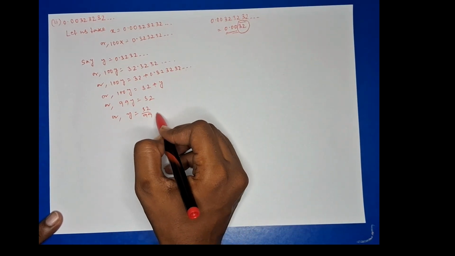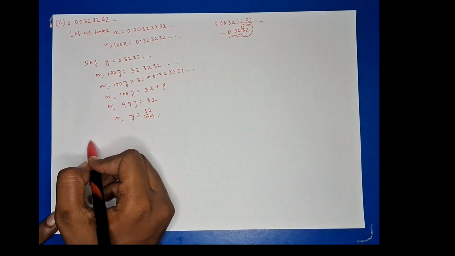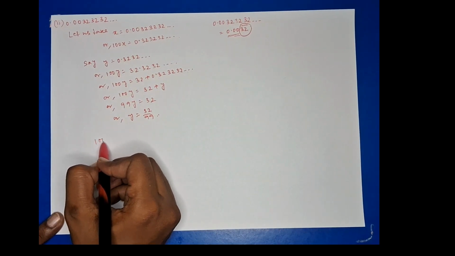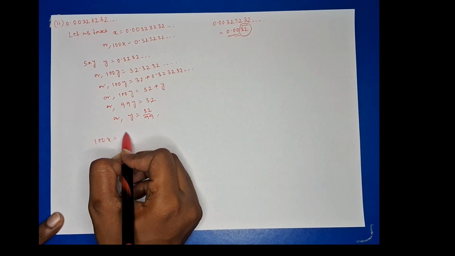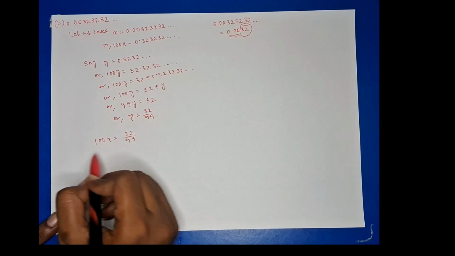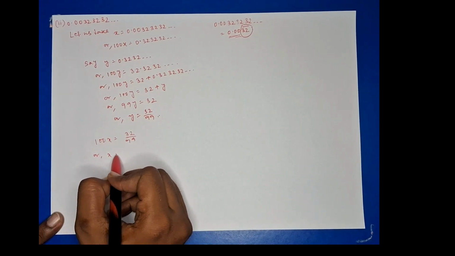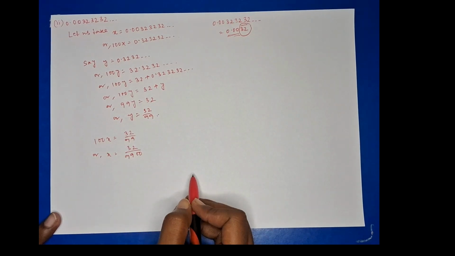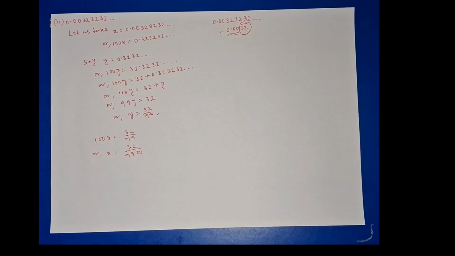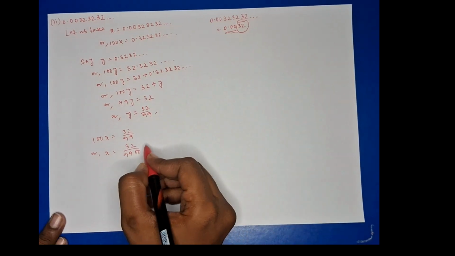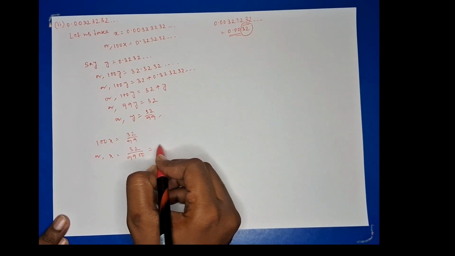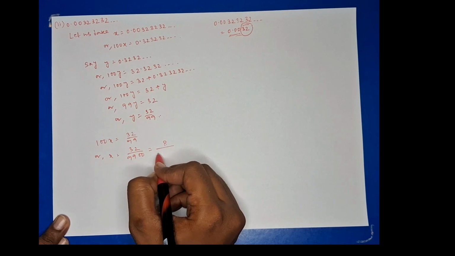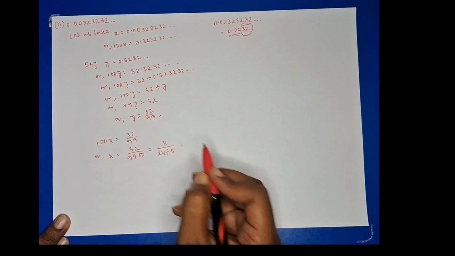So we are going to put this value in this equation and see what it shows. 100x is equal to 32 by 99, or x is equal to 32 by 9900. This will come out to be 8 by 2475.